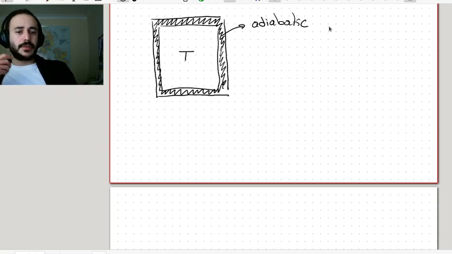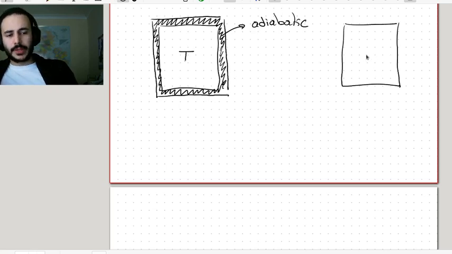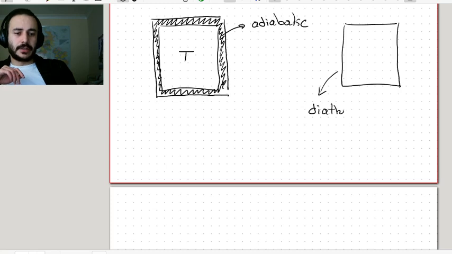And by opposition, when you have a system which is in thermal contact with the outside and whose temperature is changing when I change the conditions outside, when I put it in contact with another system, then I say that the walls are diathermal. Okay? So a diathermal wall is a wall that is not perfectly insulated, and it means that the temperature of my system is going to change depending on the surrounding conditions.